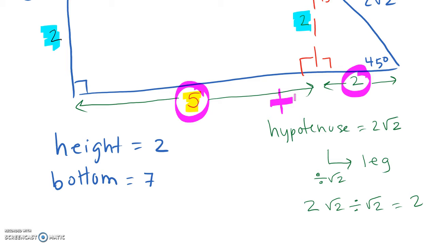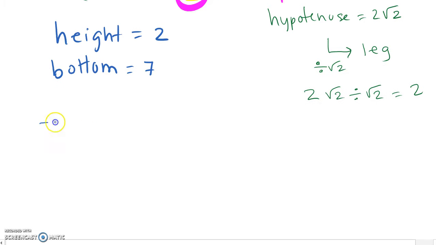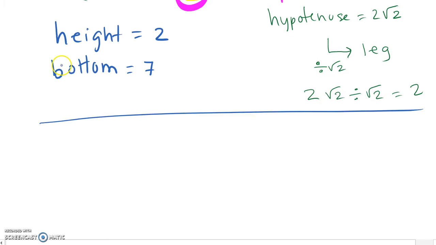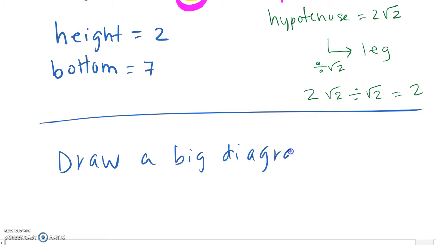For other notes, I just have some general tips on solving these problems. Even when they give you a diagram, it usually helps to draw a big diagram so that you can write all over it.